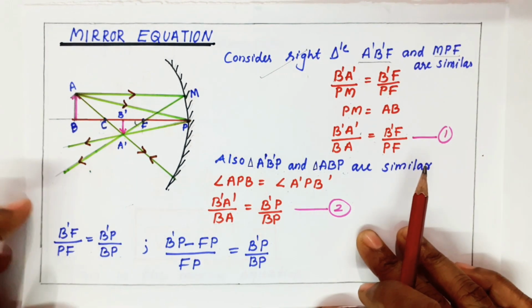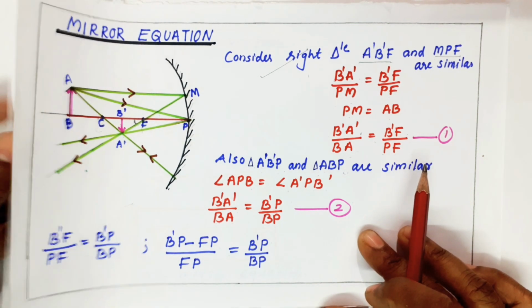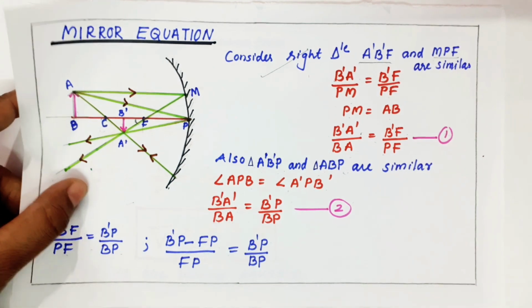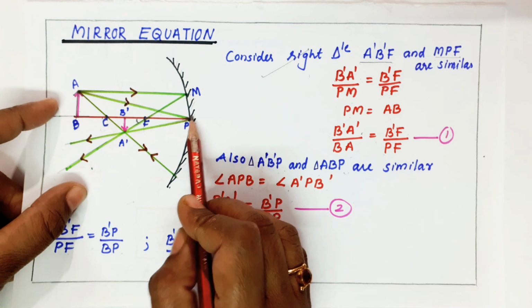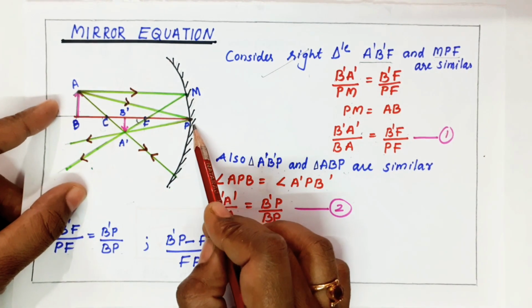Now next step is simple only. We are just substituting the distances with letters. What is B dash P? B dash P is V. What is FP? F. What is BP?